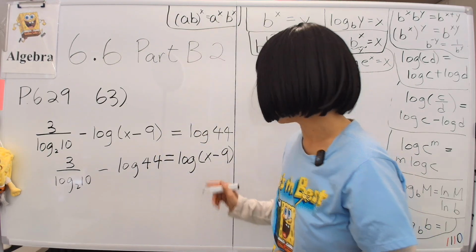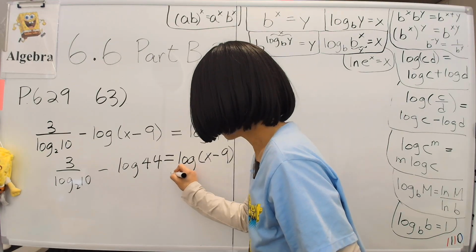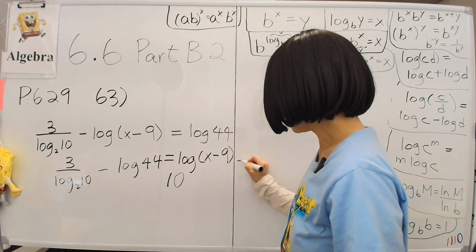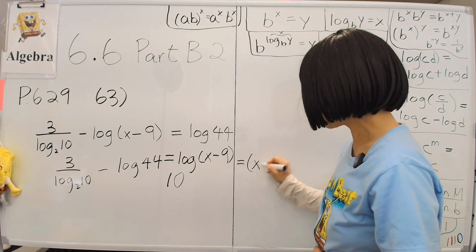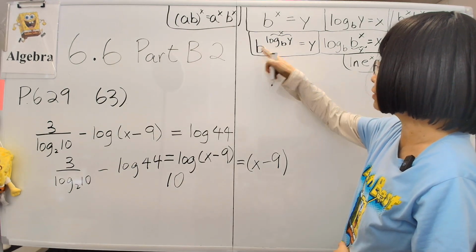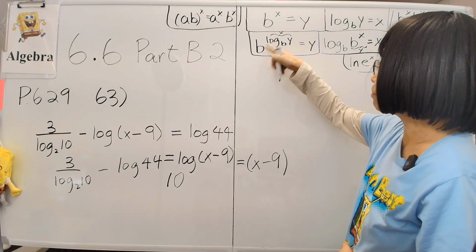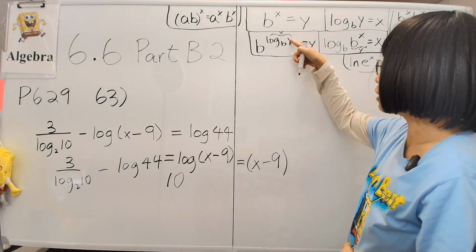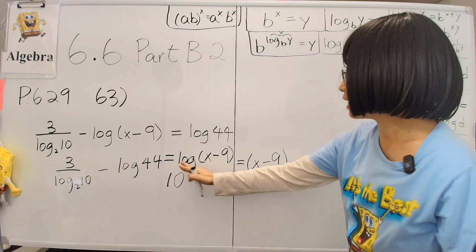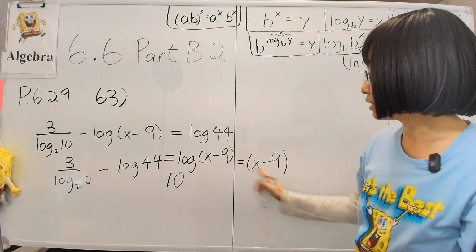If you write down a big 10 down here, that is 10 to the power of all this stuff. This is the same as just x minus 9, and that's from this formula right here. If you have the same b, b to the power of log base b of y is y itself. In other words, b and log base b cancel themselves out.